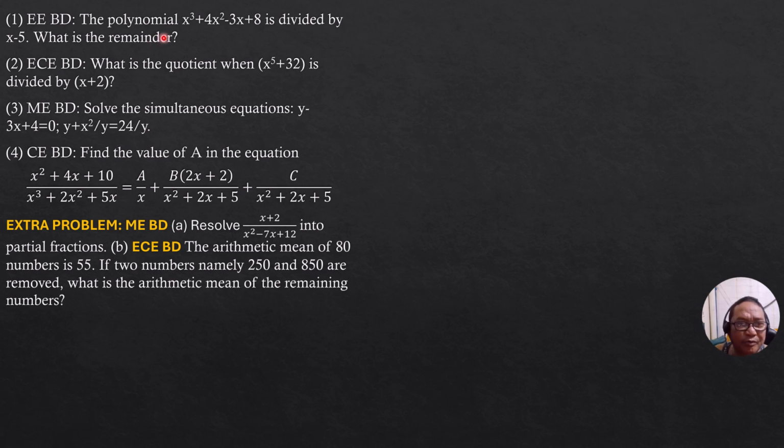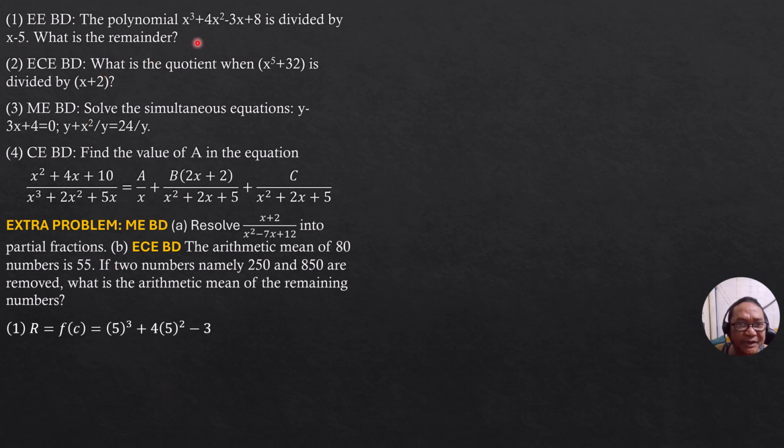I hope that you know how to solve this by long division and by synthetic division, because I'm going to present the fastest and easiest one, the remainder theorem, which is applicable only when the divisor, like x minus 5, is linear. The remainder is f of c, where c is the value of x when the divisor is set to 0, so it is 5.